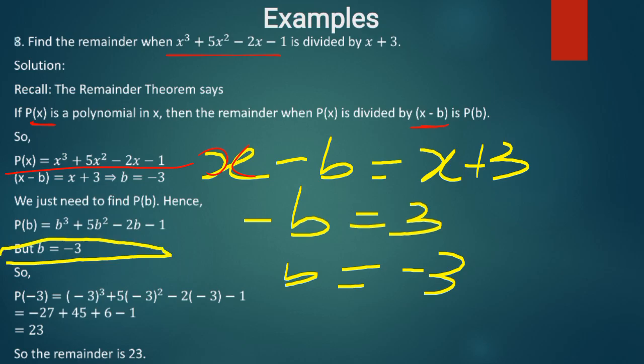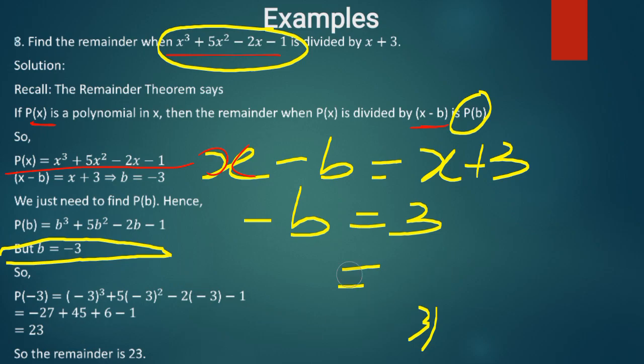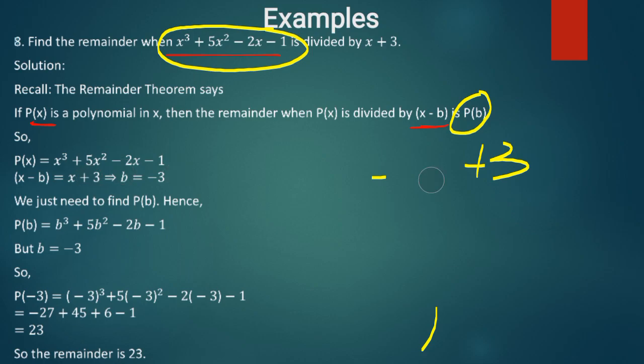So if b is minus 3, we just simply plug in, because we're looking for p(b), which is our remainder. That is, we're looking for p(-3). So wherever there is x, we're going to put minus 3 in this equation to find our remainder. This is our equation.